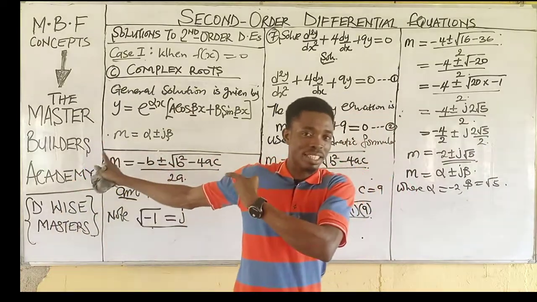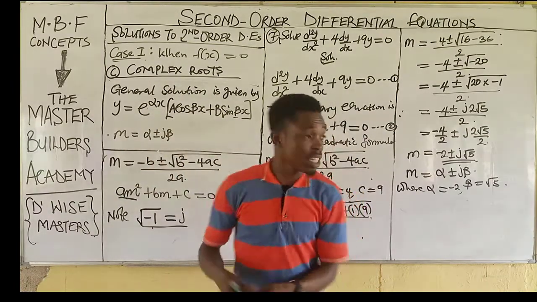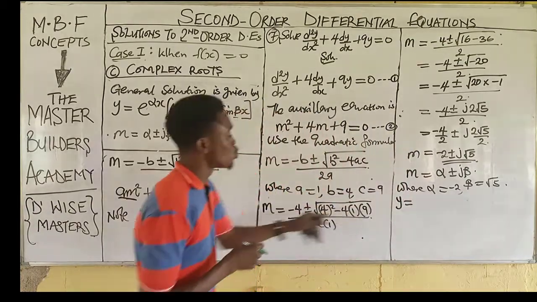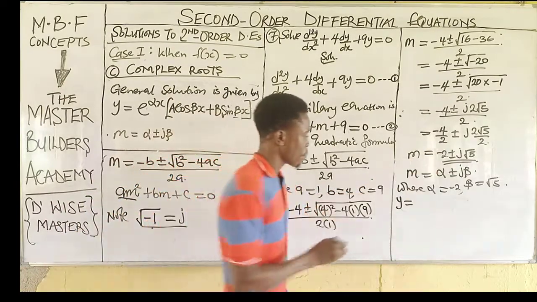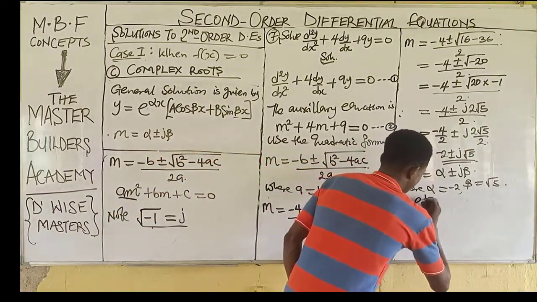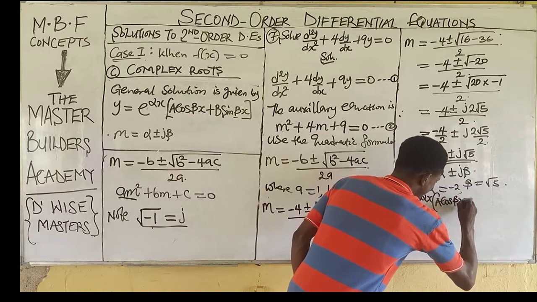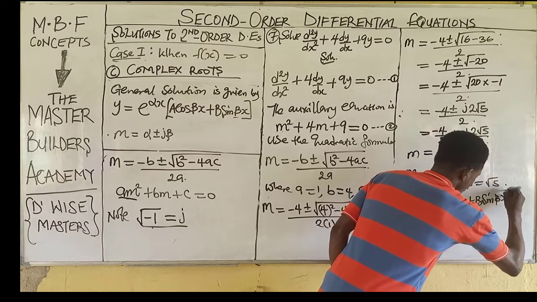If this is understood, now that we have gotten the value of alpha and beta, then we can use equation 3. And this is our equation 3. And what is equation 3? Y is equal to, even with this, you must first of all state the formula before you substitute. And this will have given us e to the alpha x, open bracket, a cos beta x plus b sine beta x.